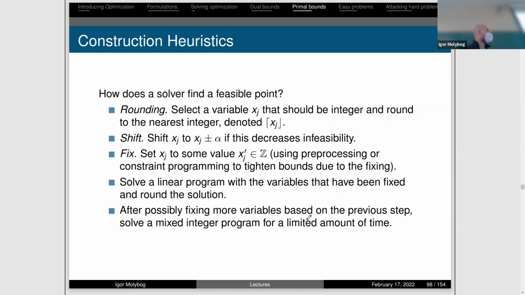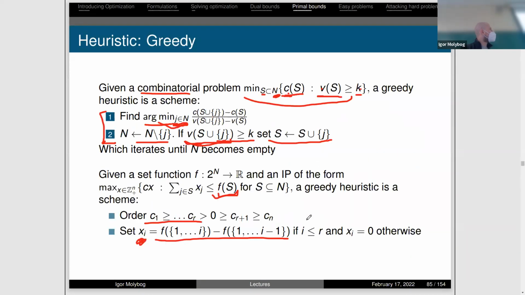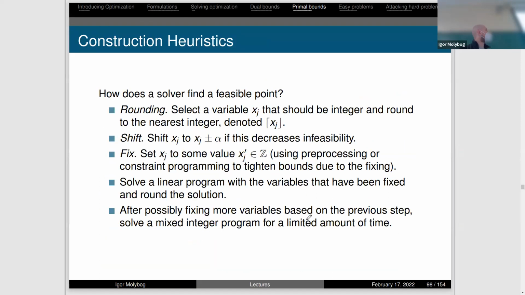For example, if you have an infeasibility function of this form with a v, and you have v of s much larger than k, and you know that if you decrease a particular value of xj by a certain amount, that will decrease the value of v of s, then you can just try to perform the shift that will decrease the infeasibility.